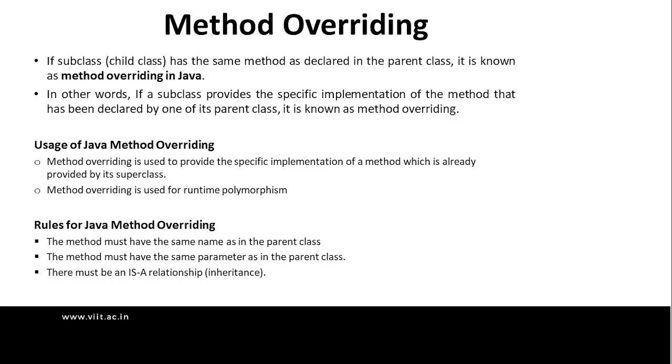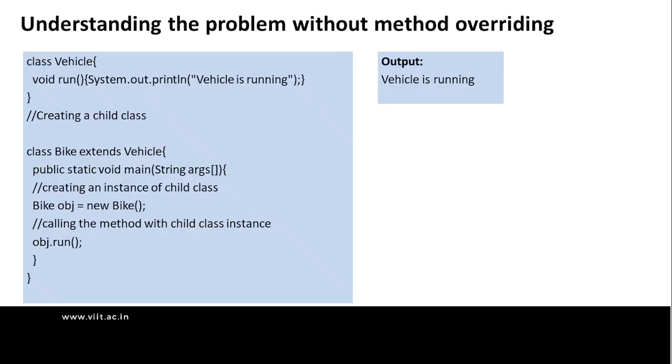Method overriding is used for runtime polymorphism. Rules for Java method overriding: the method must have the same name as its parent class, the method must have the same parameters as its parent class, and there must be an is-a relationship, inheritance. Understanding the problem without method overriding.